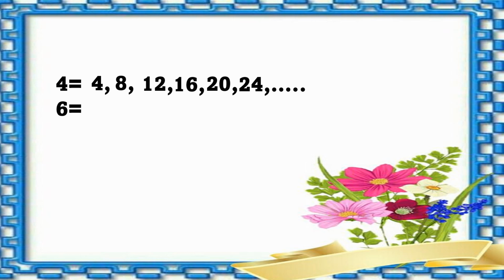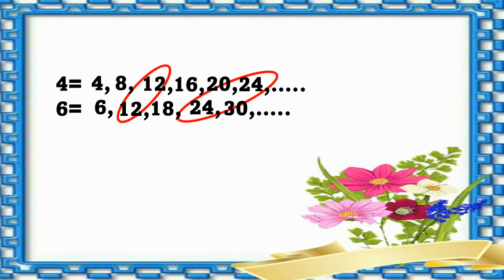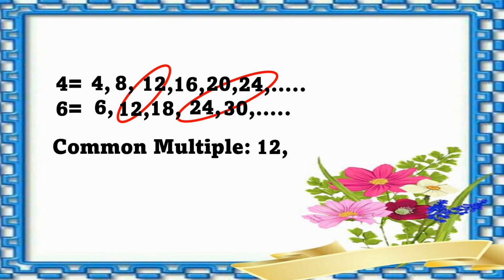So for 6, you have 6, 12, 18, 24, 30, and so on. So you're going to encircle the common multiples. So we have here 12 and 24. The common multiples are 12 and 24, but we are looking only for the LCM or the least common multiple, and that is equal to 12.